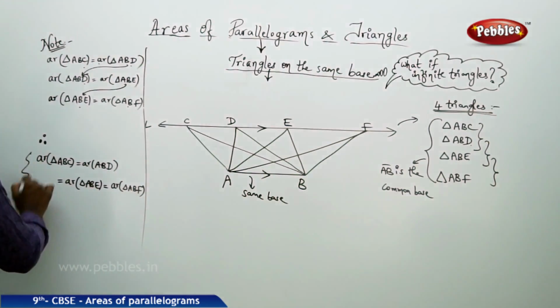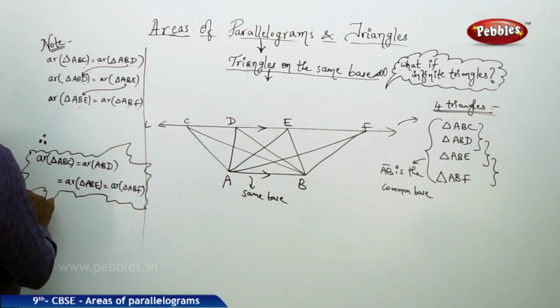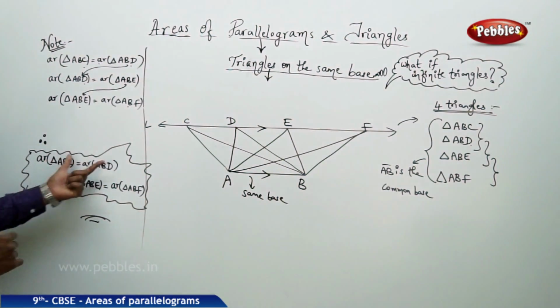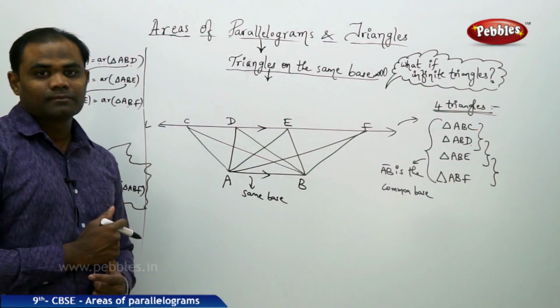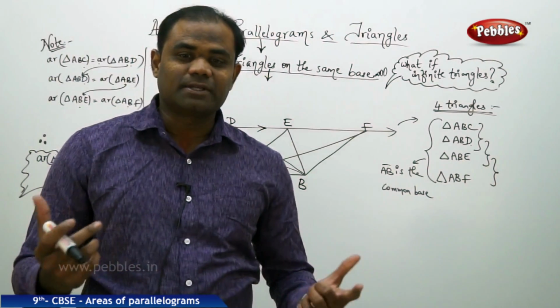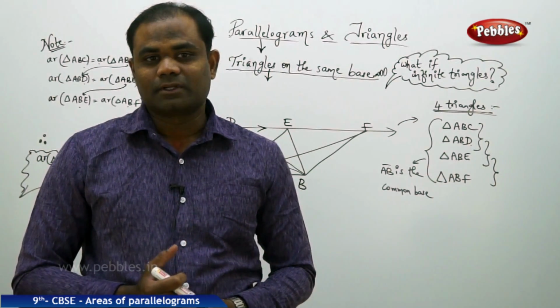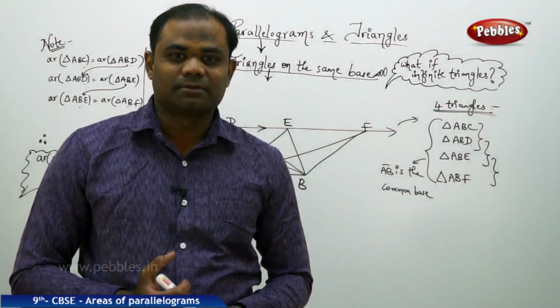Is how I see area of each of the triangles being equal. Therefore, if I have more than two triangles on the same base and between same parallels, all the triangles must have equal area, is how we understand the concept.